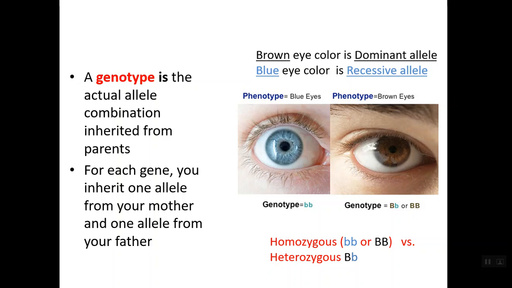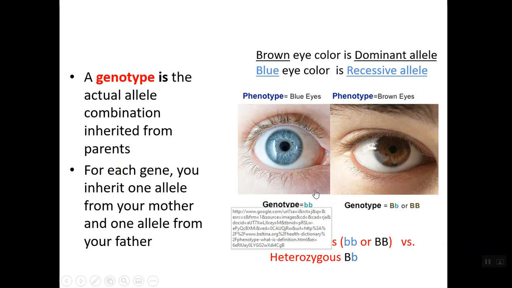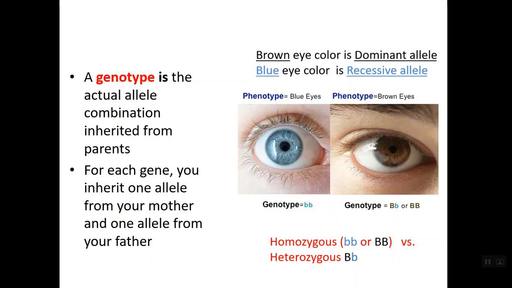And so, if you inherit different alleles from mom and dad, then for that particular gene, you are heterozygous. While if you happen to inherit the same type of allele, the same gene variant, then you are homozygous for that particular gene. For instance, let's consider one very easy to understand example.